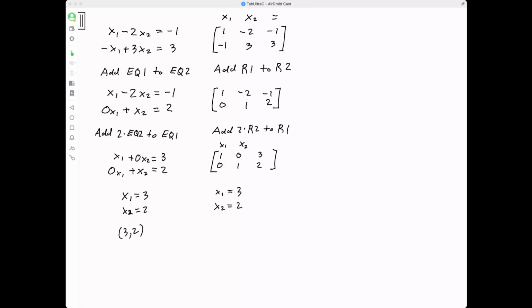So I can read that off of the matrix as well and not have to keep rewriting these equations again and again. And this process is going to allow us to shortcut a lot of the elimination method by not having to rewrite the entire equation, but just keep track of the numbers involved.